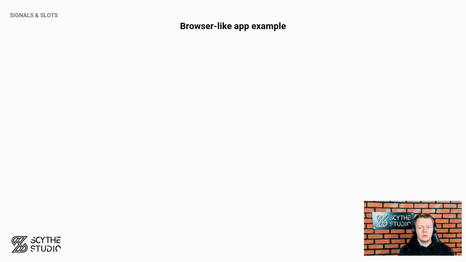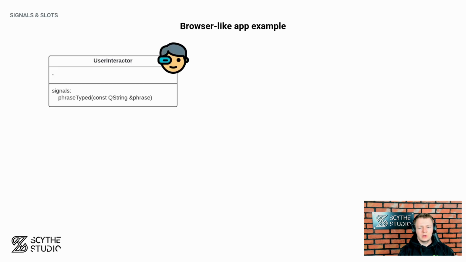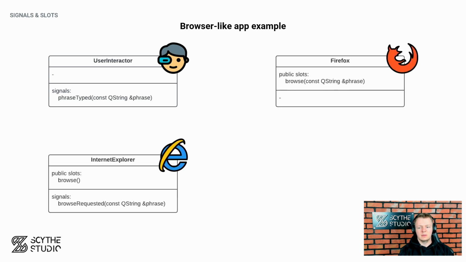Okay, time for some practice. How will a practical example look? We will code a simple console application that will mimic a browser. There will be a class UserInteractor that will ask the user to type in some phrase to look for. We will also have two other classes, Firefox and InternetExplorer.